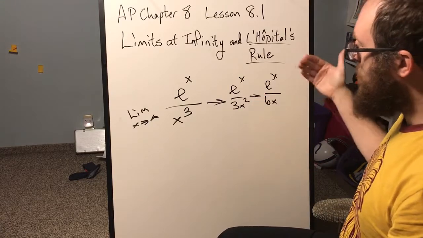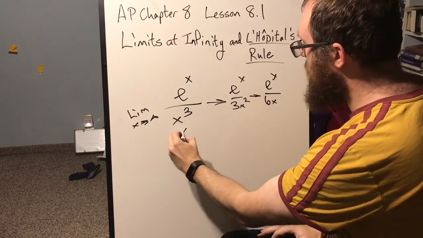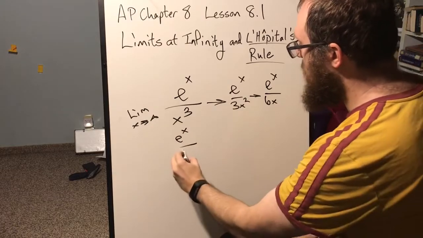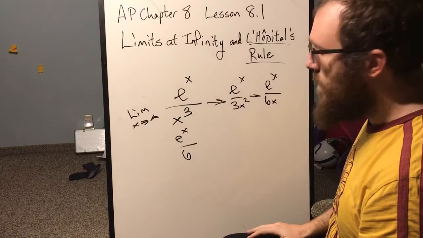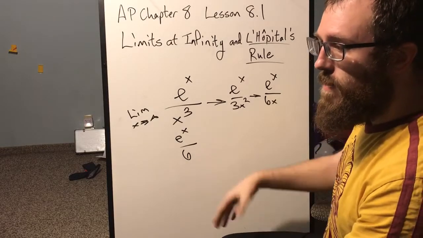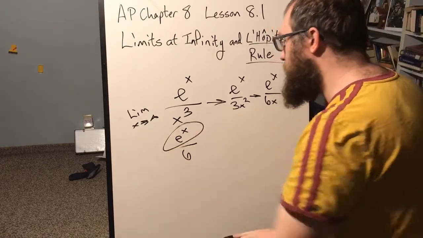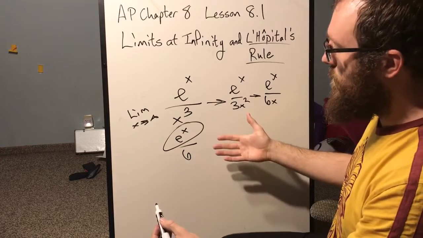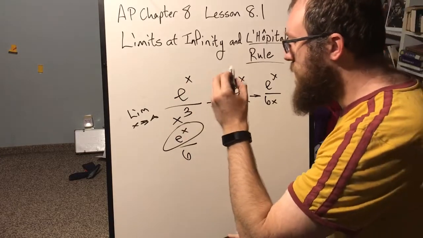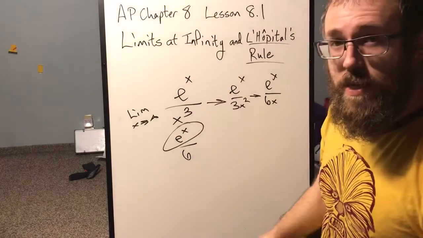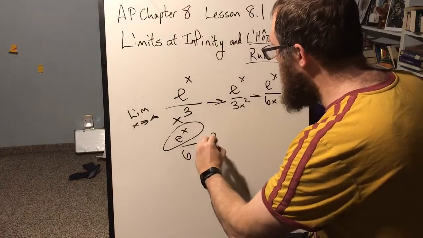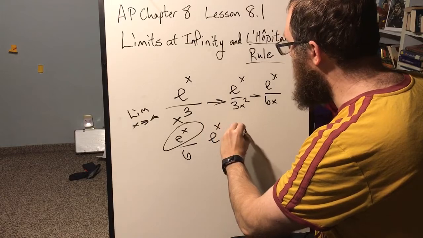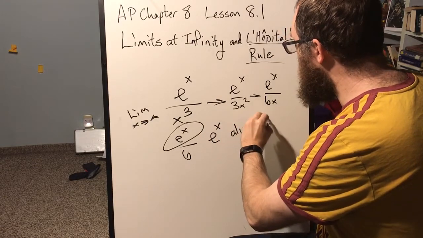Now if I go again, the derivative of e to the x is e to the x, and the derivative of 6x is just 6. Already you can see this piece is not going anywhere. That gives it all the power. E to the x is always going to win. E to the x always wins.